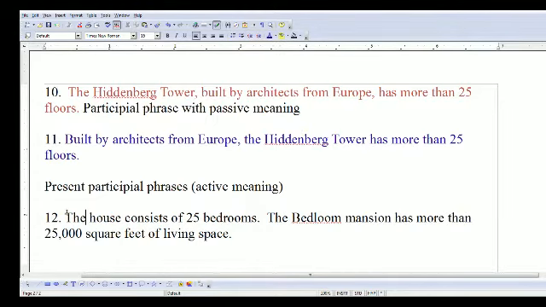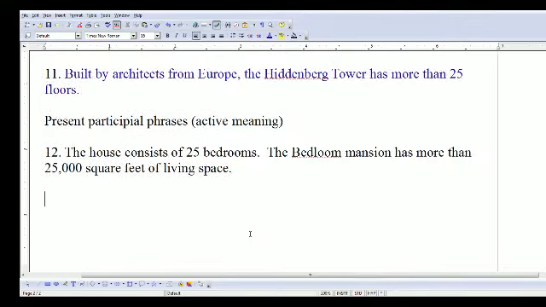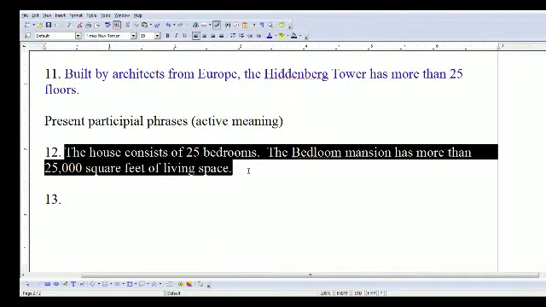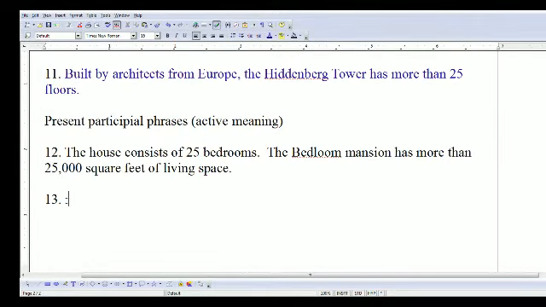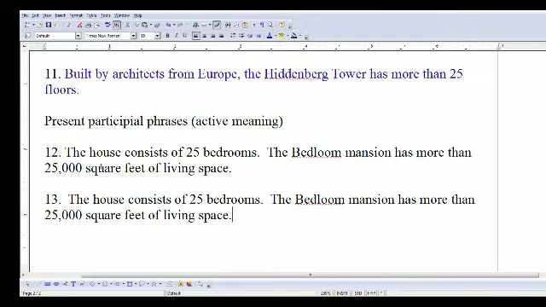Now, if we take this idea, let's go to number 13 here and take this. Whenever you make something into an adjective clause, typically you take the lesser idea or the support idea and put that in the adjective clause.